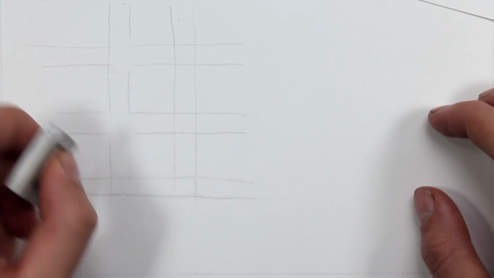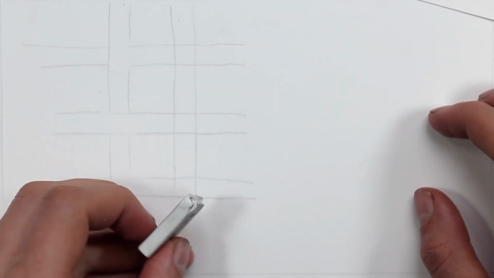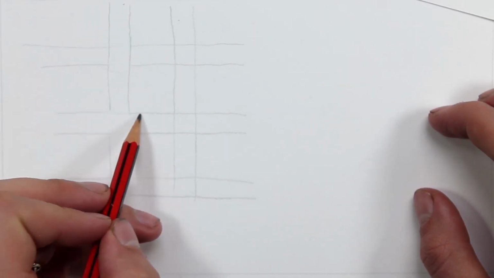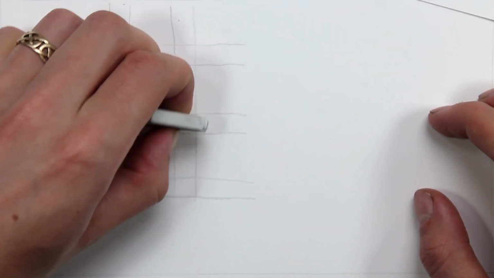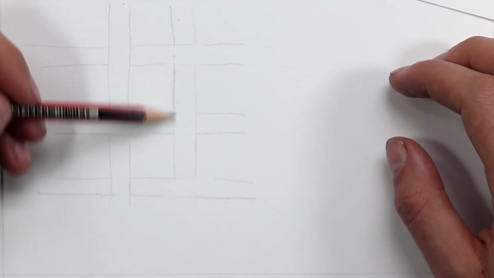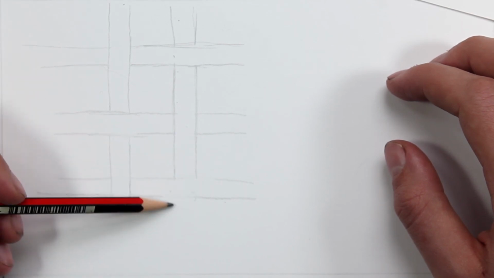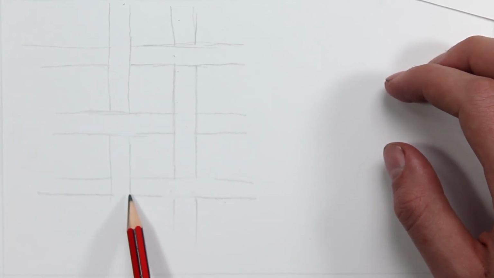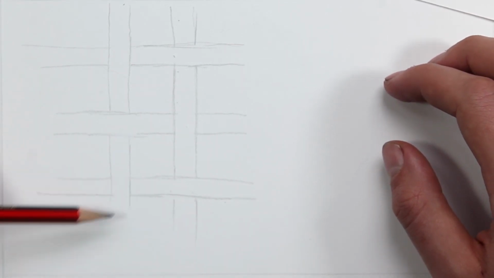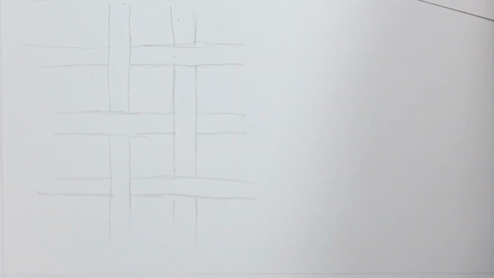Here it's going under and over again. And you can see I'm starting to get that illusion of the form a little bit. I can see kind of what's going above and below.